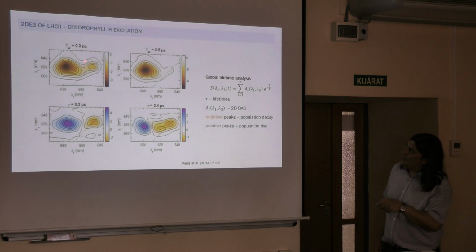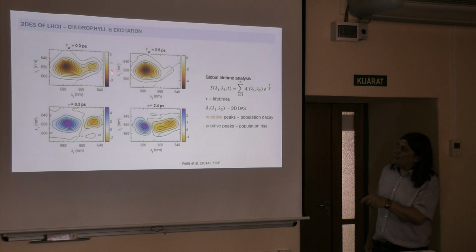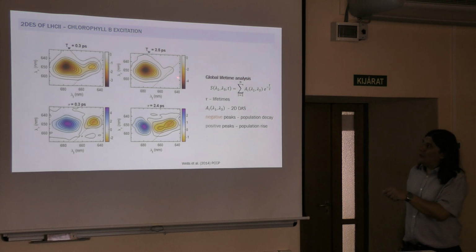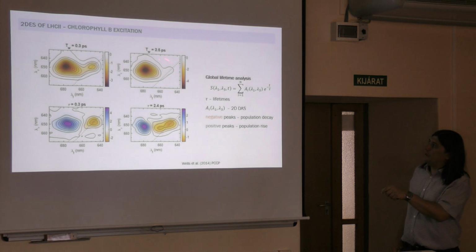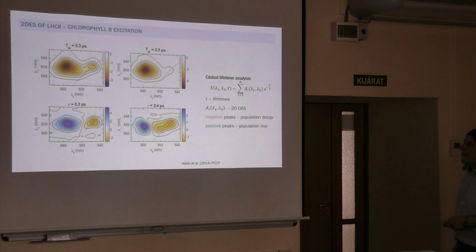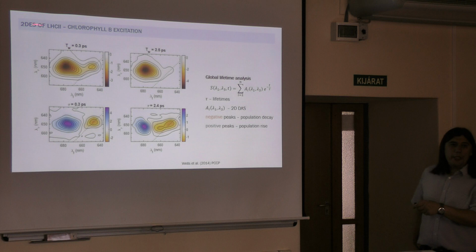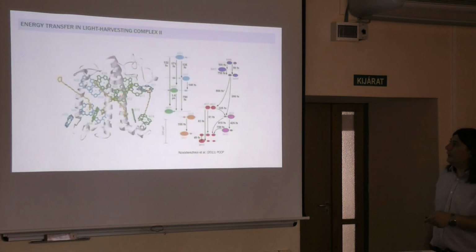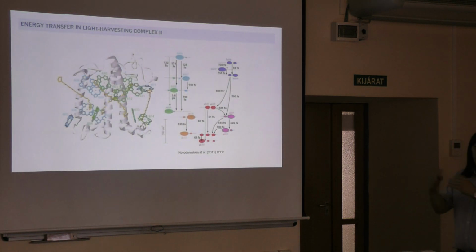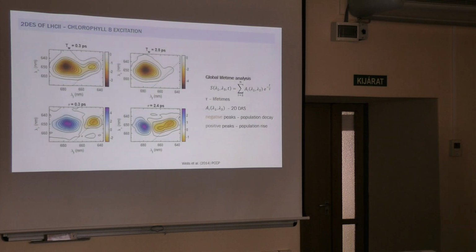Here is the chlorophyll B region, and this is the chlorophyll A region. At early times, we have chlorophyll B, and at later times they're no longer there because all the energy goes to chlorophyll A. We don't have individual peaks because in LHC2 the energy differences are very small, so we cannot resolve different peaks. But we can still model the dynamics.